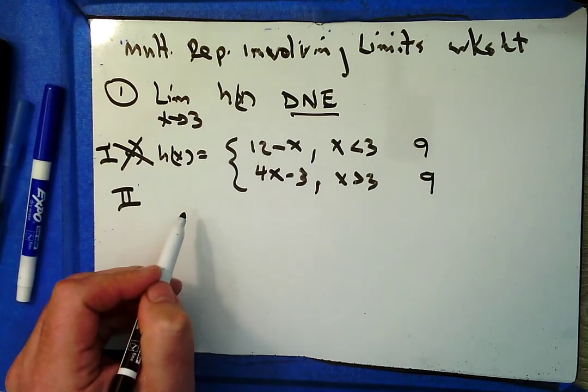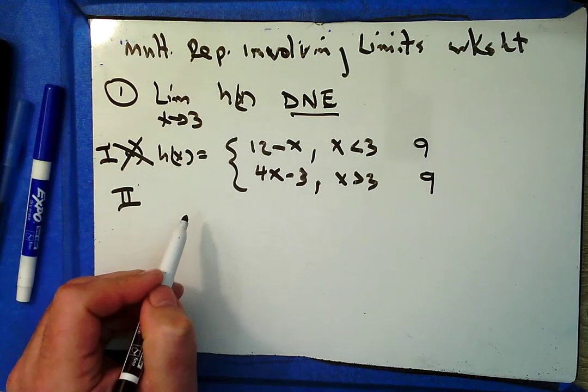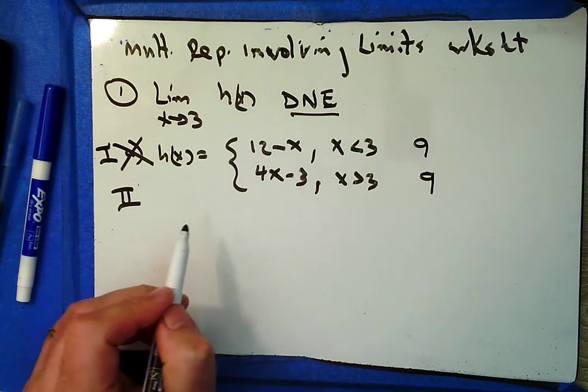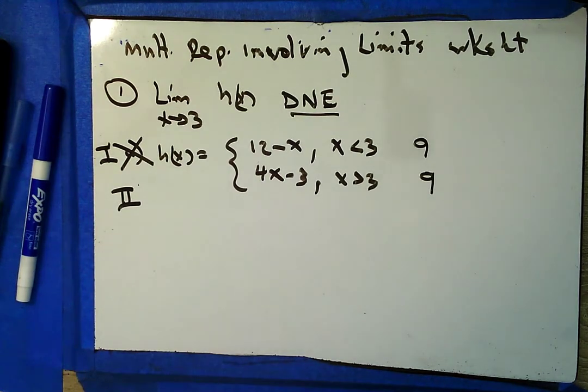2 is on a table, and I can see that there's certainly a value at 3 on this table.